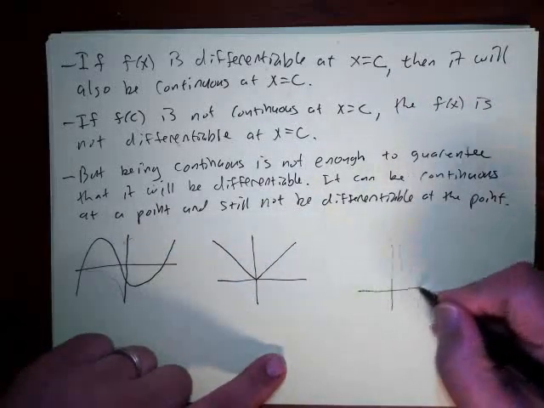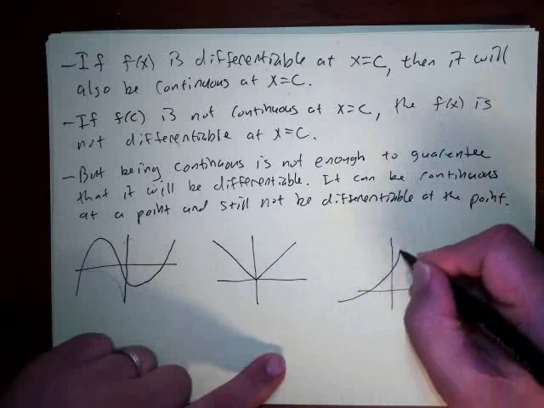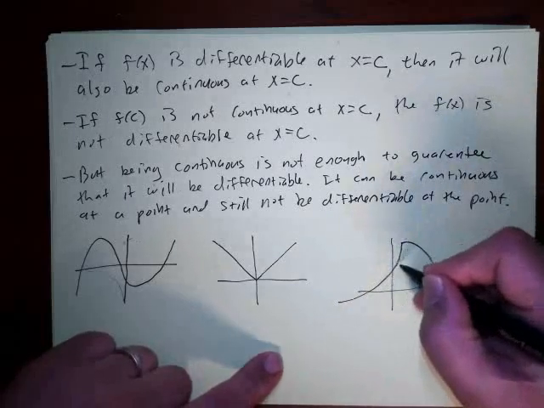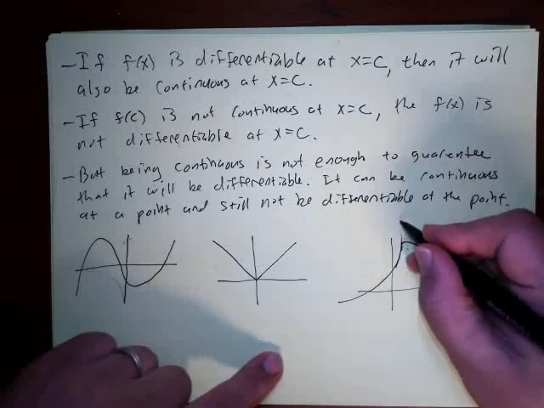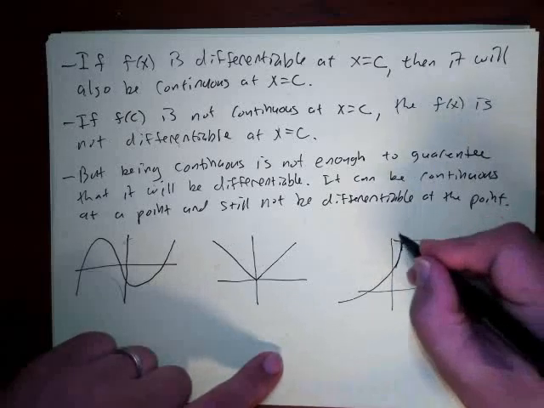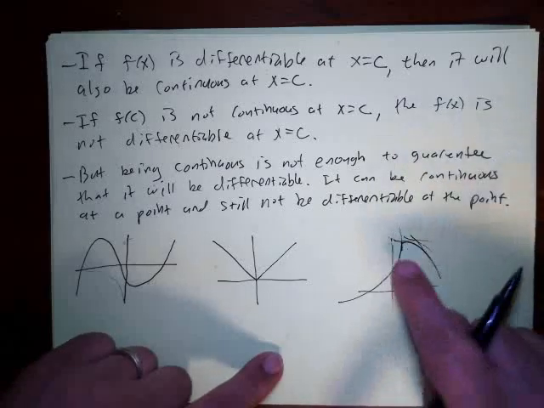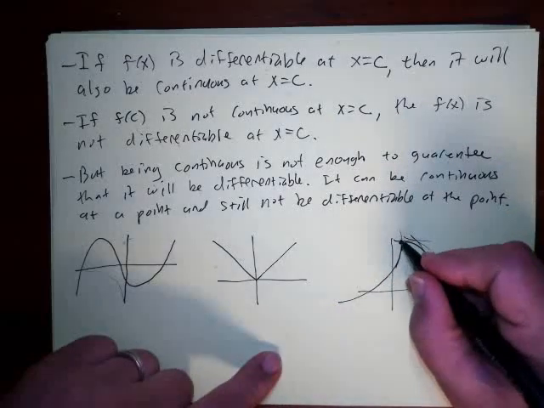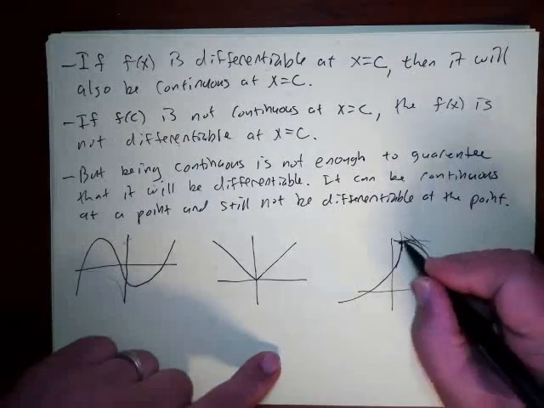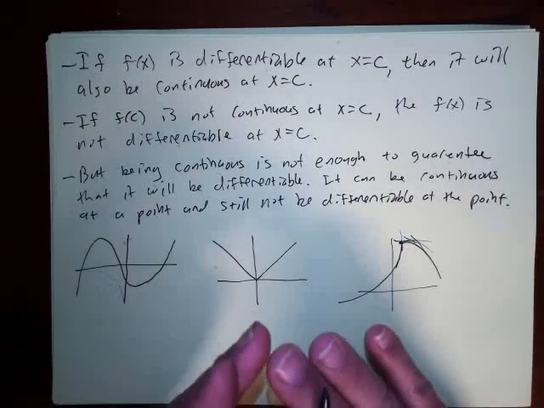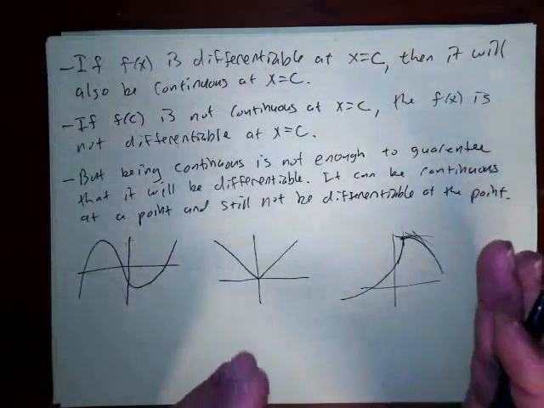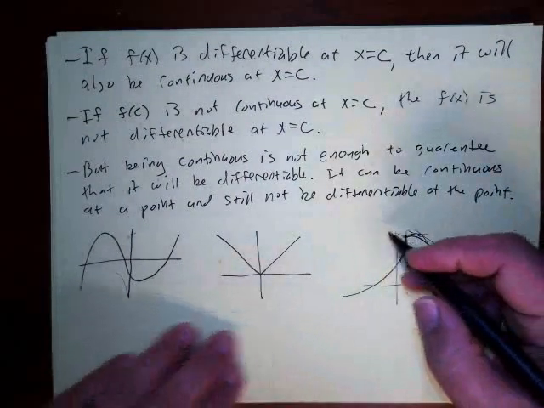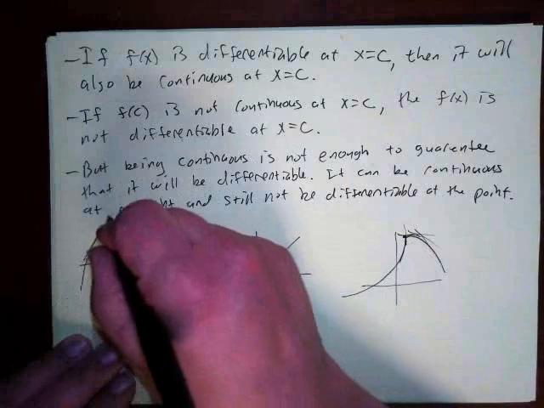Another example might be a function that goes up like this and then goes down like that. Here you have these positive slopes, and then suddenly they change into negative slopes going down. At that point where it changes from steep positive slopes to negative slopes, it makes that instantaneous change, and so the derivative does not exist at that point.